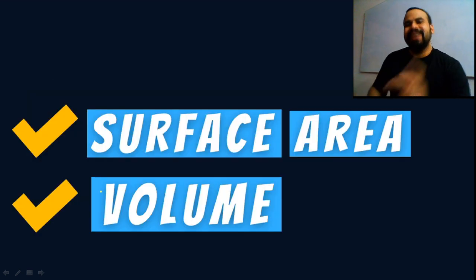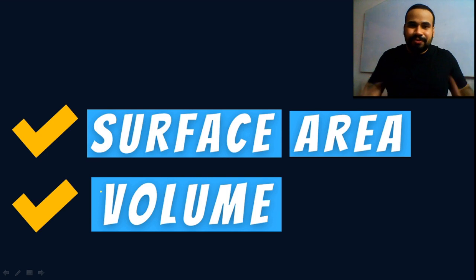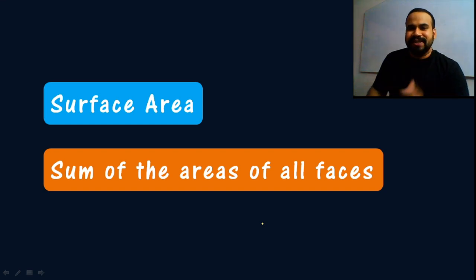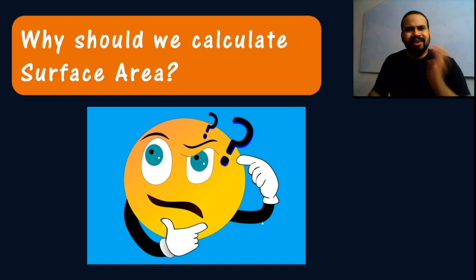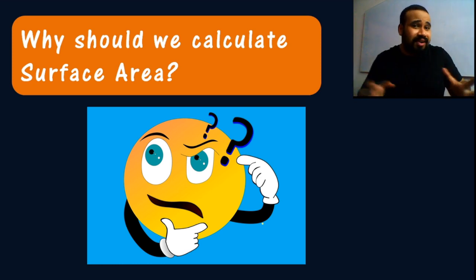For any three-dimensional shape, we try to find out the surface area as well as volume. Surface area is the sum of areas of all the faces in the shape. You might get the question in your mind, why should we calculate the surface area? Or what is the actual use of calculating the surface area?